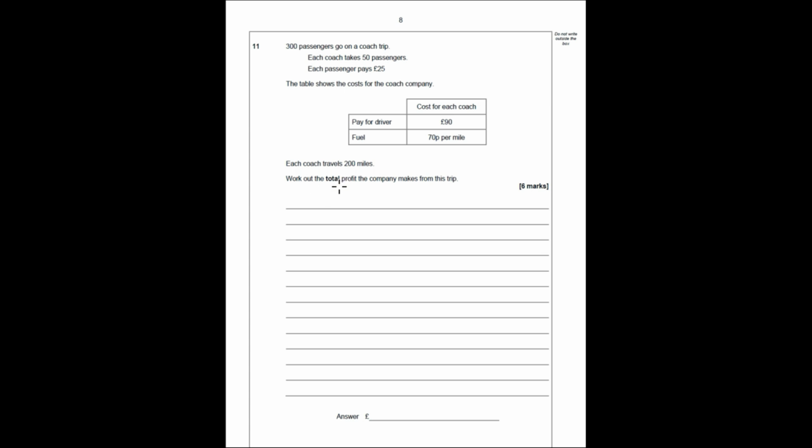Okay, profit is how much you earn and take away how much you pay. That means all the cost. We don't know how much they earn, we don't know how much they cost. So let's start by the earning first. They earn from the passengers who pay £25 each, and there are 300 passengers.